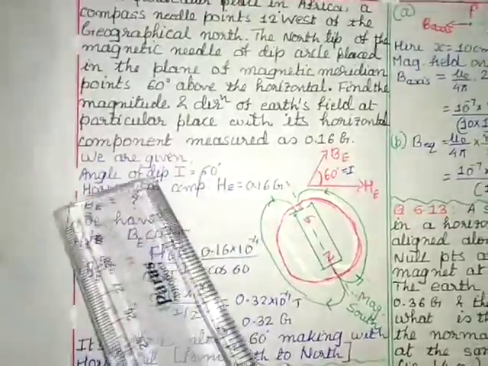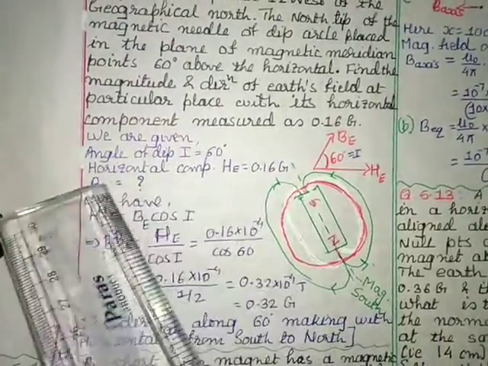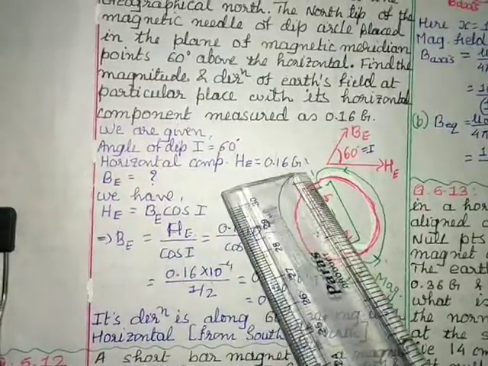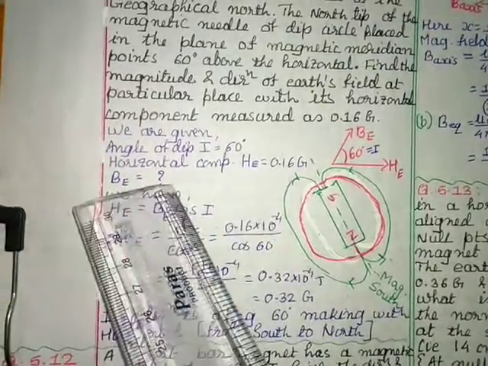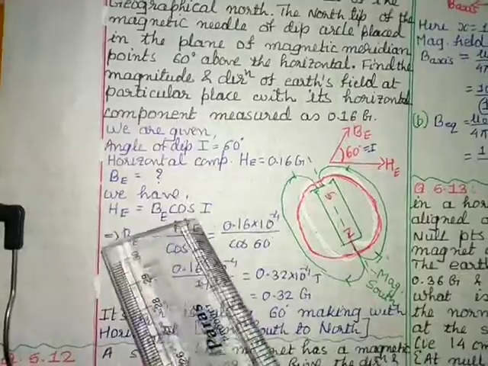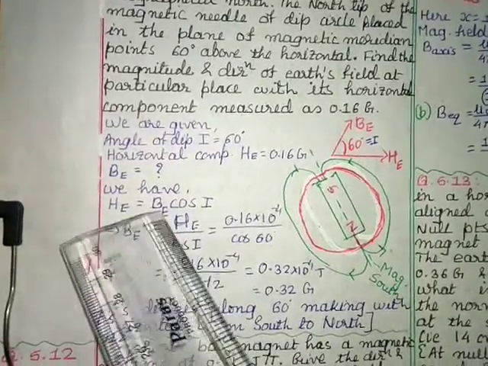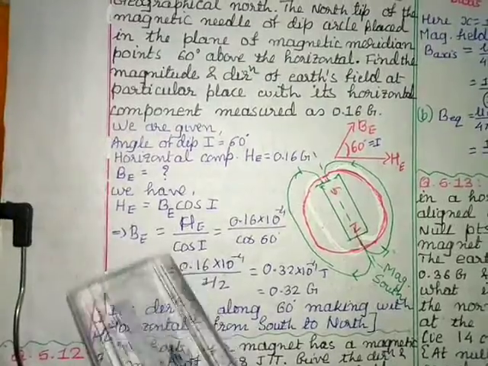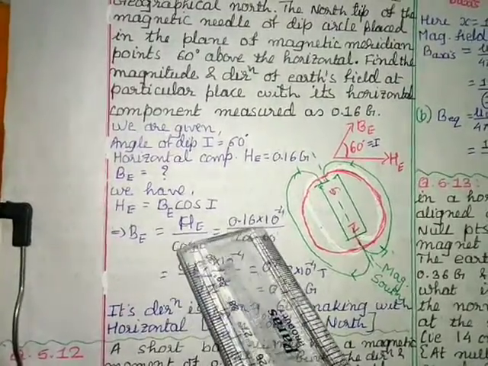We are given that the angle of dip I is equal to 60 degrees. Horizontal component of Earth's magnetic field H is equal to 0.16 Gauss. You have to find BE. Now we have H is equal to BE cos I. Then I want to find B, so cos I you transfer here. So B is equal to HE by cos I. HE value is given as 0.16 into 10 to the power minus 4.